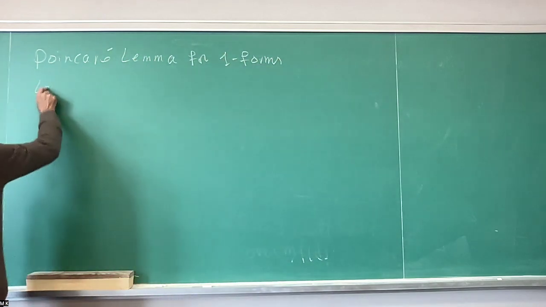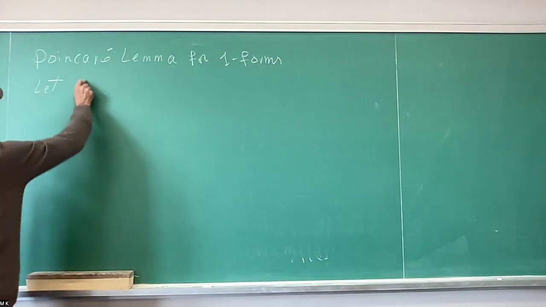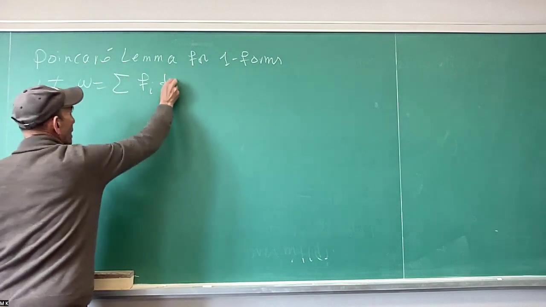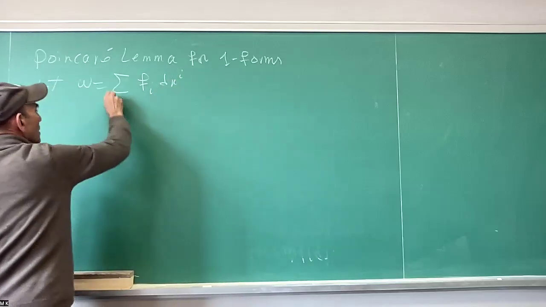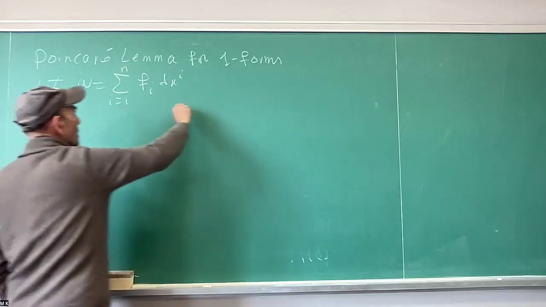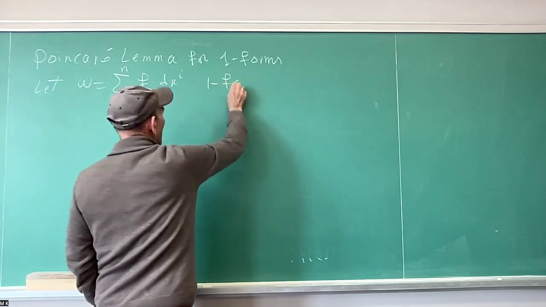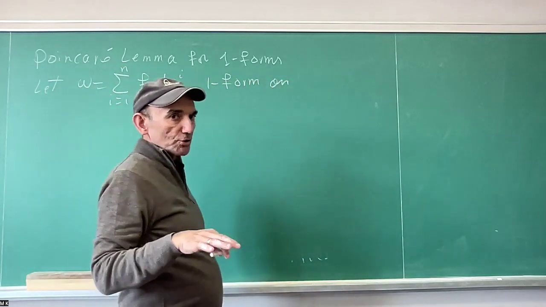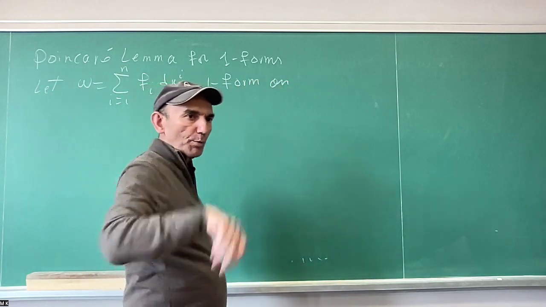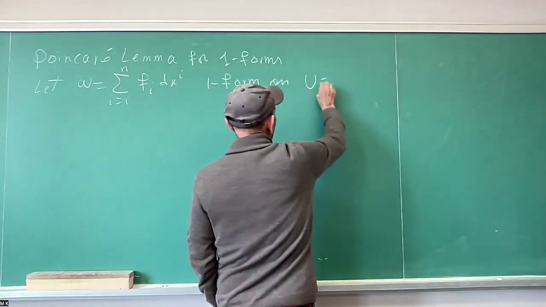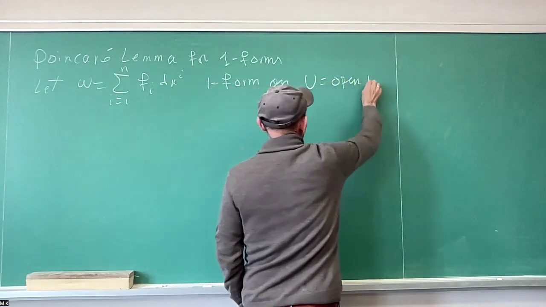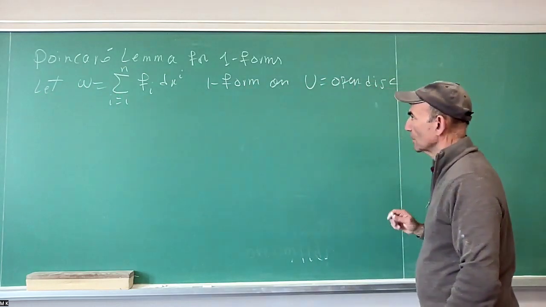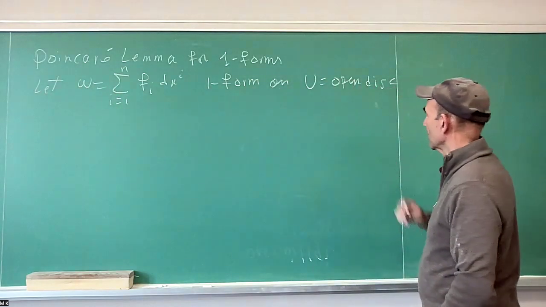Let omega equal to the sum of fi dxi be a one form on U, where U is actually an open disk inside Rn. Open disk, because everything we want to do is just local. I mean, there's no global result like that, but this is local.